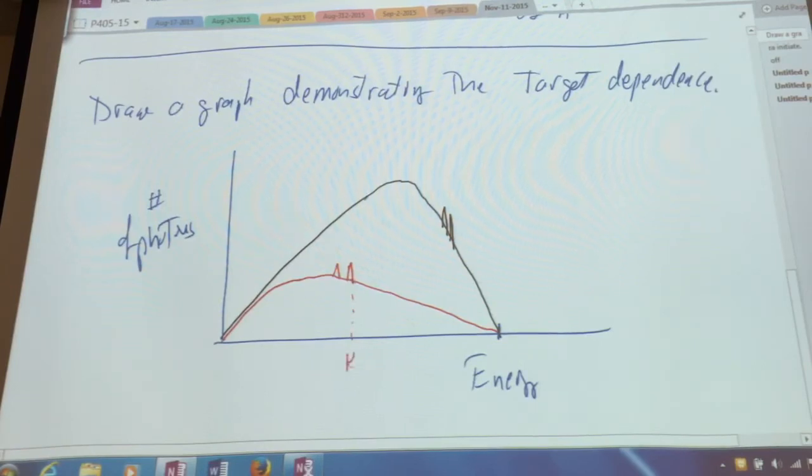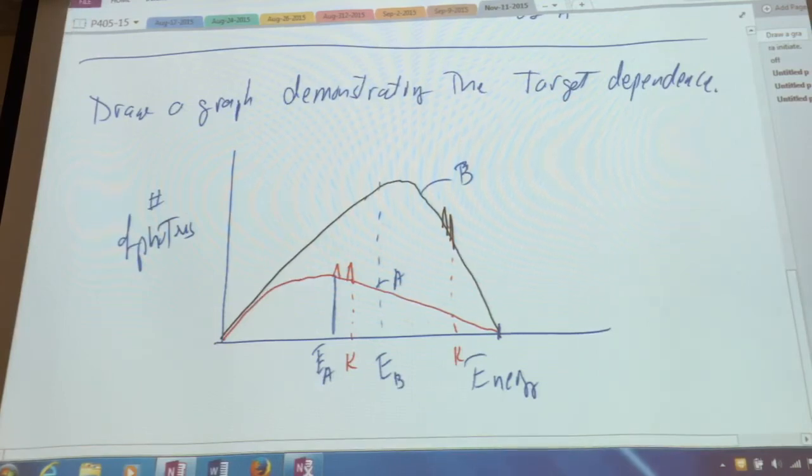This being the K shell. In the different cases, and of course you notice the average. So we'll call that A, we'll call that B. B, the average beam energy there.